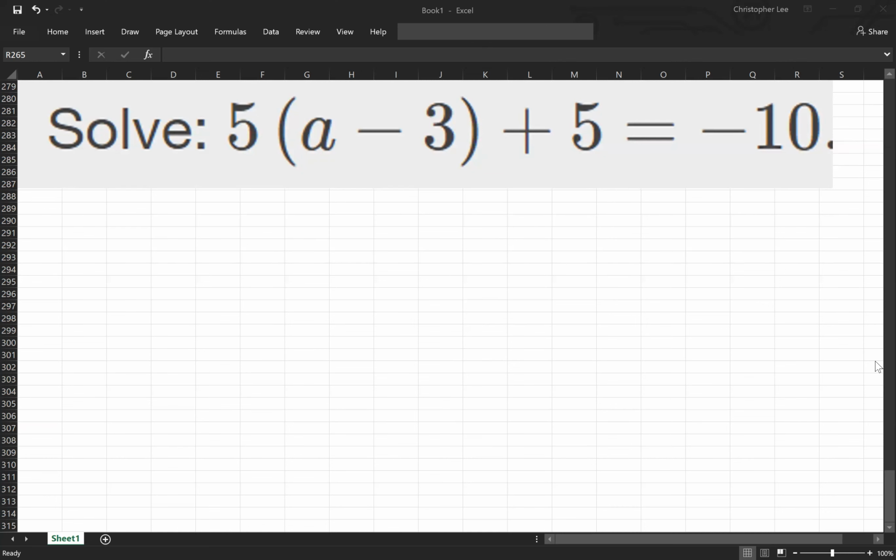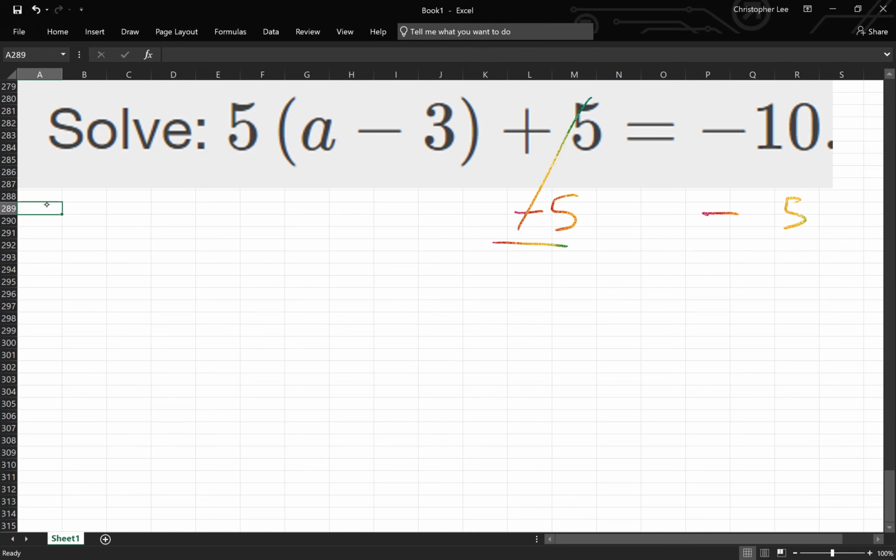First thing I'm going to do is subtract this 5. And what I do to one side of the equation, I have to do to the other. So now I get 5 times A minus 3 is equal to -15.